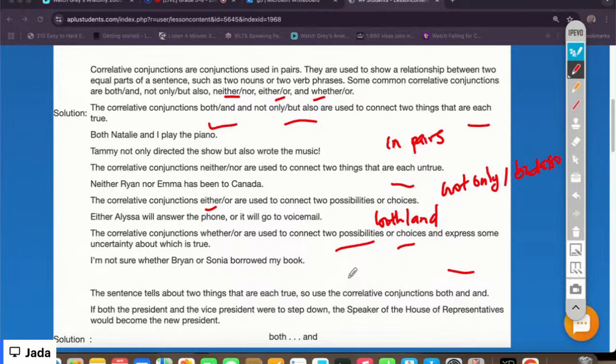You guys have to take note that whenever we have both and, or not only but also, it's used to show that things are true. When you have neither nor, it's used to show that two things are untrue.